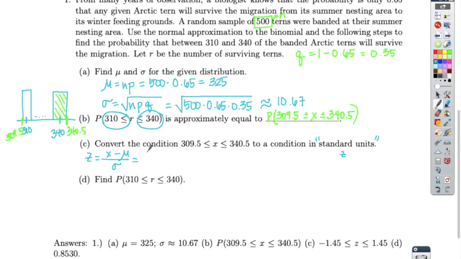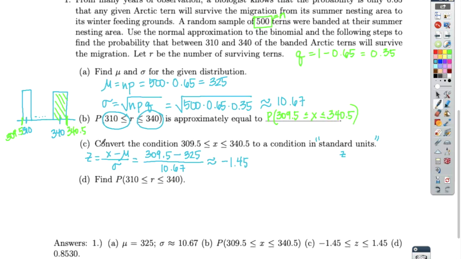So I will throw the first one in here, 309.5. Everywhere I see an x, minus, everywhere I see a mu, I'll put 325 over sigma, 10.67. And when I do that, I'll round to 2 decimal places, negative 1.45.